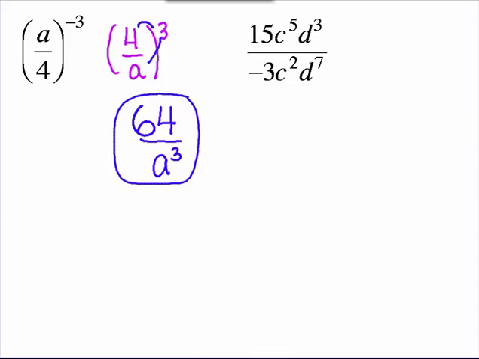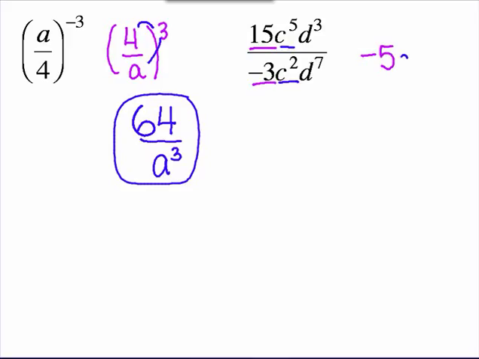So what we're going to do is break this down individually and look at the individual components. So we're going to look at the coefficients first, then the next set of variables, then the next set of variables. So first of all, I've got the 15, negative 3. What is 15 divided by negative 3? Negative 5. Now this next one, I have c to the 5th on the top, c squared on the bottom. So think about it, 5 c's on the top, 2 c's on the bottom.